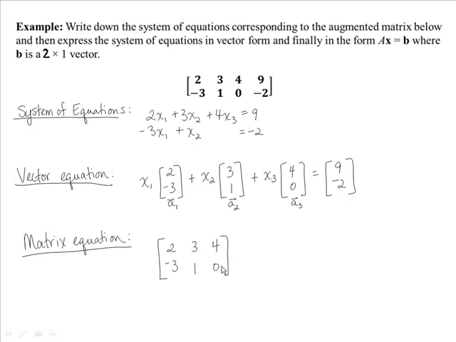And so that's going to be my matrix A. And then I'm multiplying that by X, and X has x1, x2, and x3 in it. And so this would be my vector X, and then it equals my answer vector, which was 9, negative 2, and that was b. And we do see that this is a 2 by 1 vector.